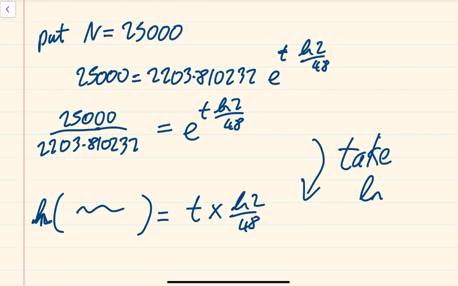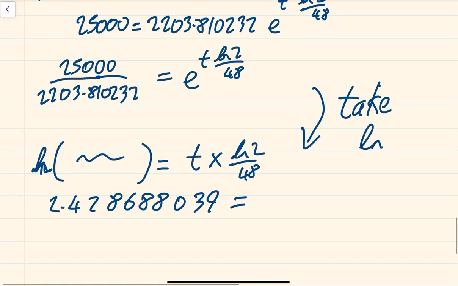That works out to be, and again I'll use a whole pile of decimal places, 2.428688.039, using far more decimal places than really needed, and that is equal to t times ln of 2 over 48.